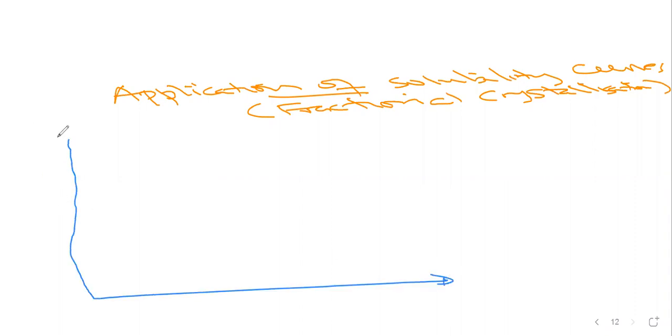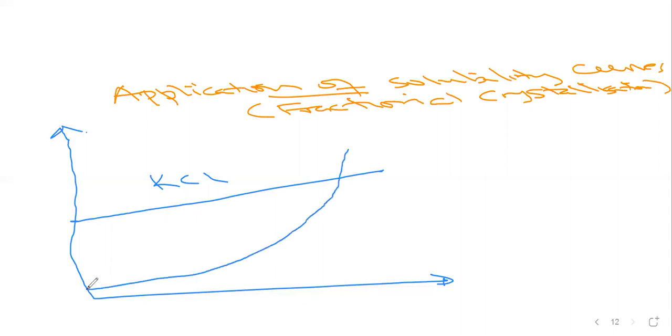You will excuse my sketch here. I can't be accurate using my whiteboard. So I may have a curve of potassium chloride here, and I may have that of potassium chlorate moving like this. So that's the curve for potassium chlorate.